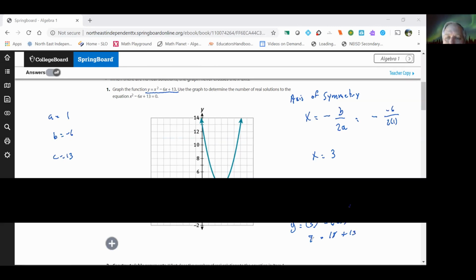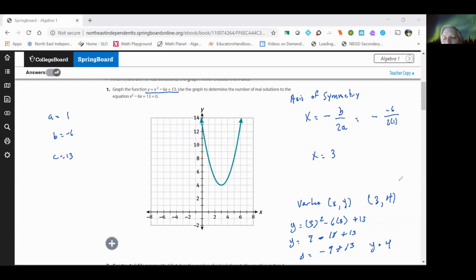So we have 9 minus 18 plus 13. We just go from left to right. 9 minus 18 is negative 9, plus 13. And so y is going to be equal to 4. So my vertex is going to be the point 3, 4.